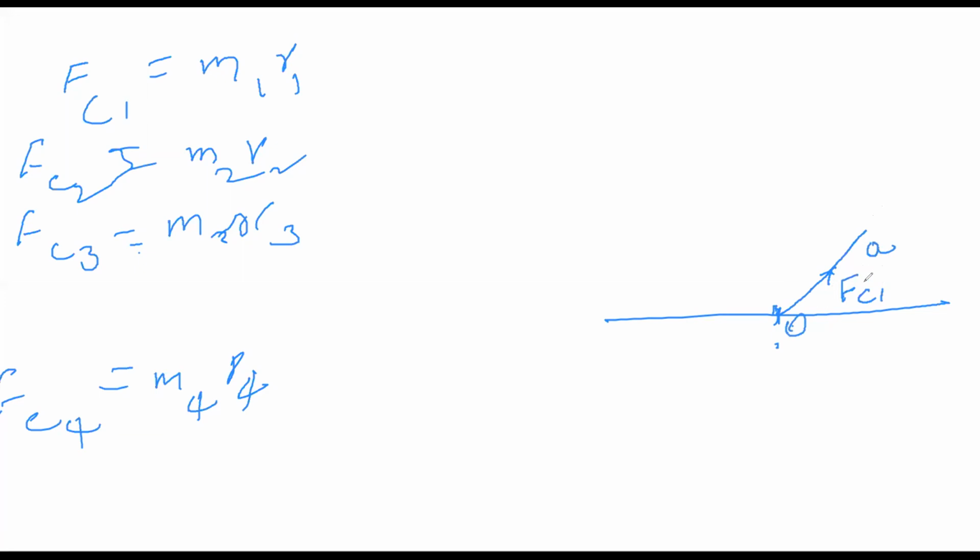The OA line is drawn with the help of our FC1 value. And now AB. AB is at a 90 degrees angle, which means the orientation is a perpendicular line. Just draw the perpendicular line.